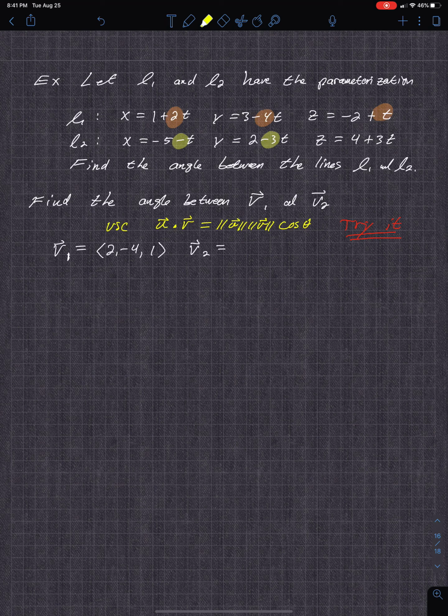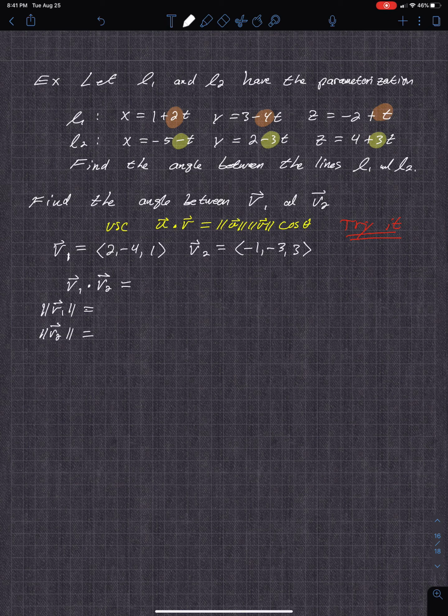Negative 1, negative 3, 3. And then V1 dot V2, we need that calculation. We need their magnitudes, magnitude of V1, magnitude of V2. So do all that.